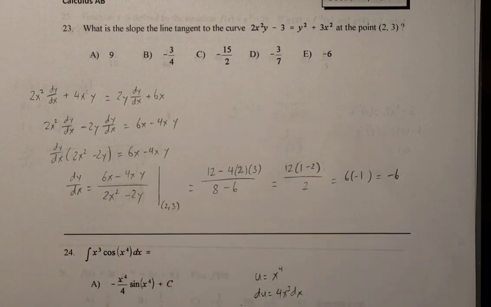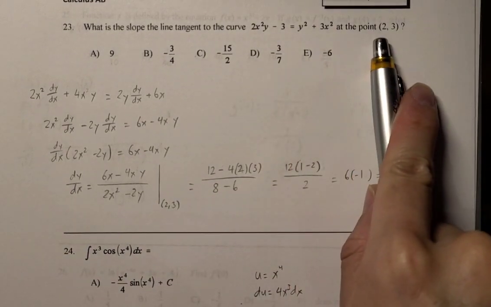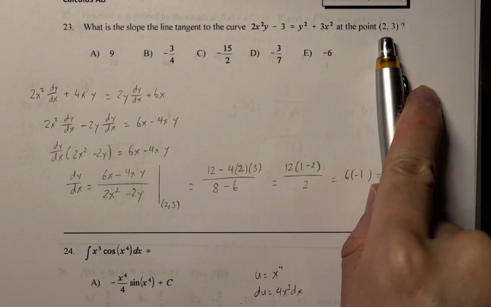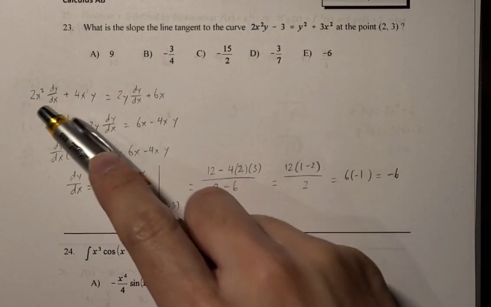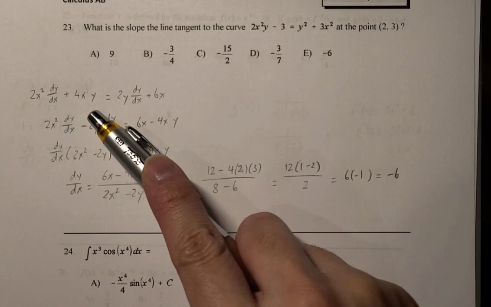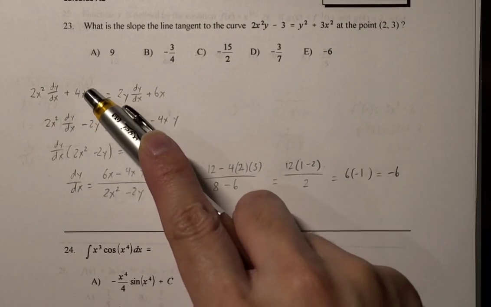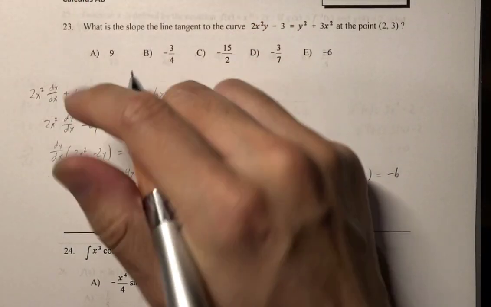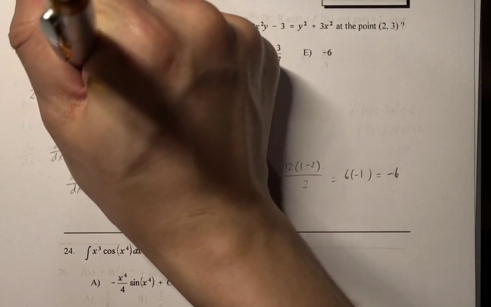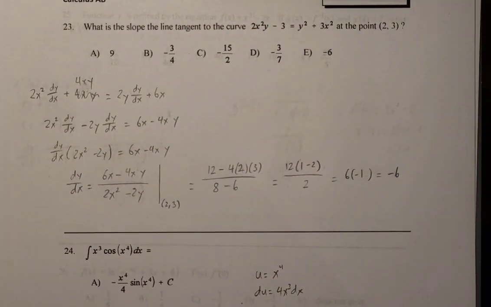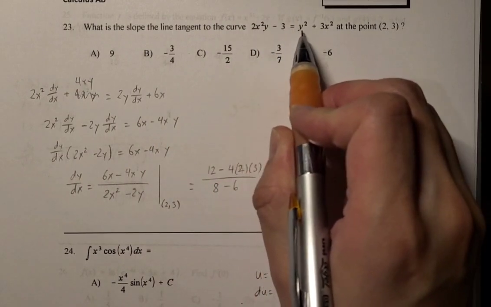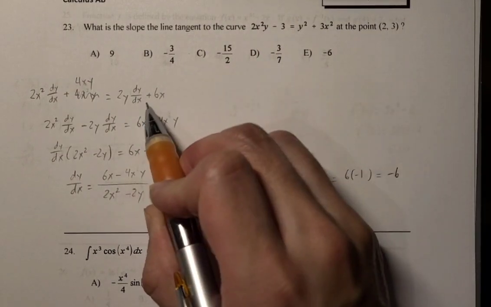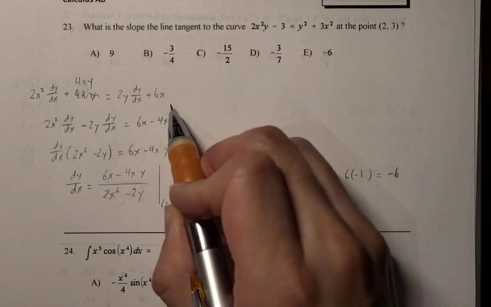Find the slope of the tangent line to this curve at the point (2, 3). So we just want to implicitly differentiate. For the derivative of this term, we need the product rule: first times the derivative of second plus second times the derivative of first. Okay, so I actually erased that squared there. So let me even write it 4xy. Then the derivative of 3 is 0. The derivative of y squared is just 2y dy/dx. The derivative of 3x squared is just 6x.